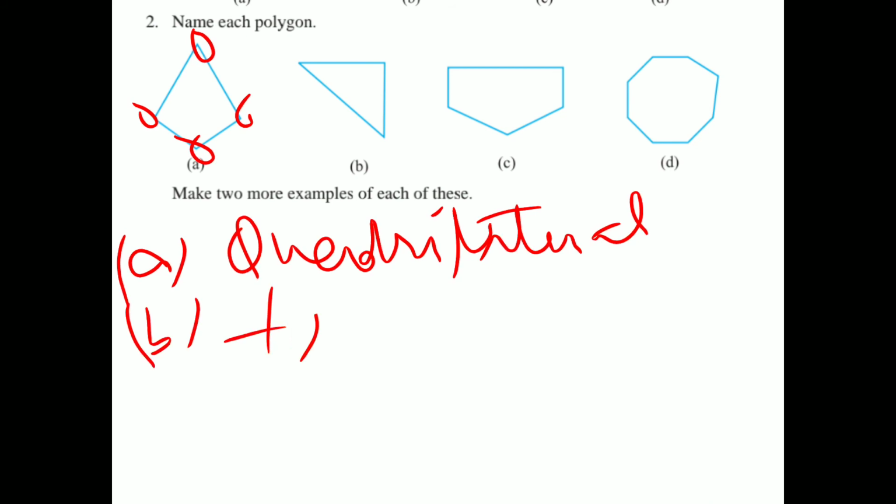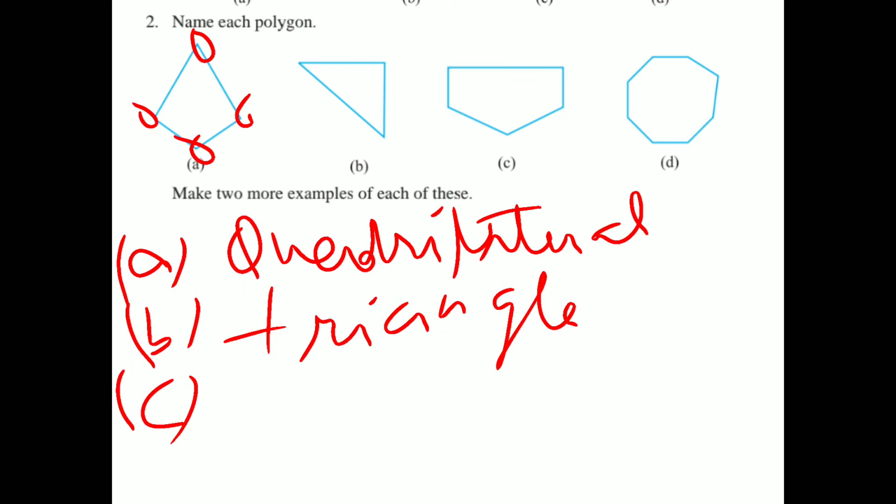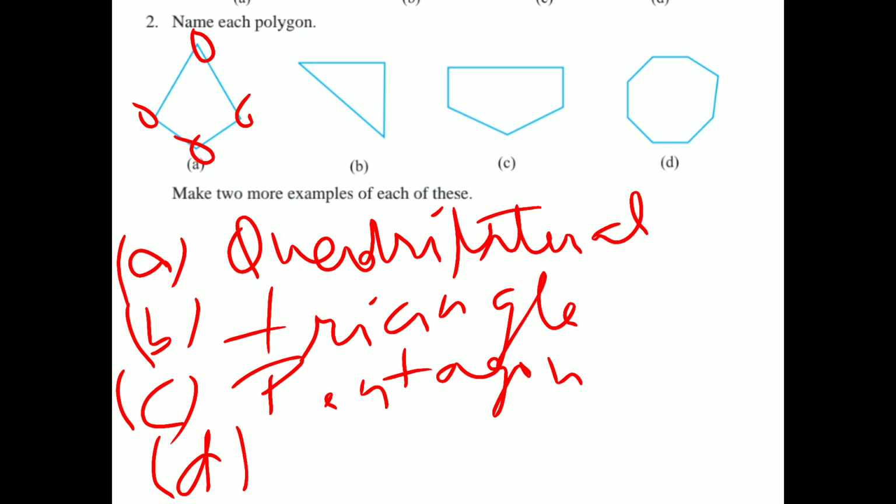So B part answer is triangle. Now C part. How many sides does it have? 5. So we call it a pentagon. Now D part. It has 8 sides. So we call it an octagon. Clear?